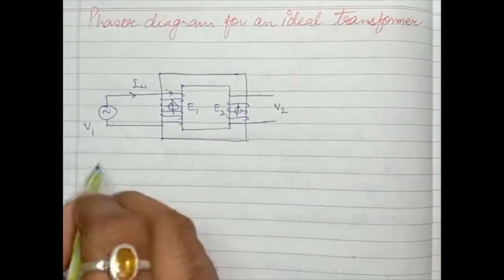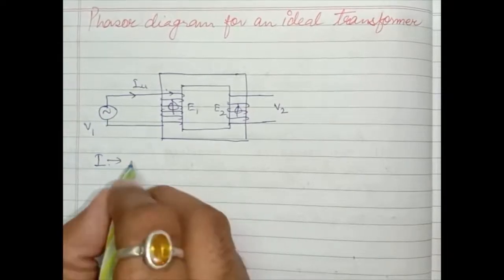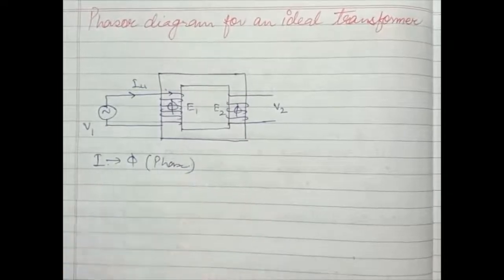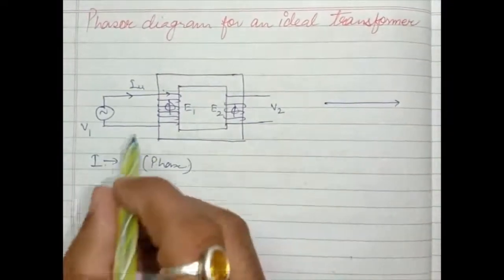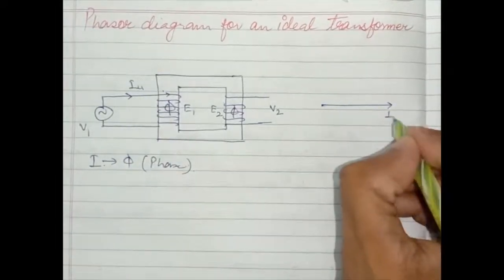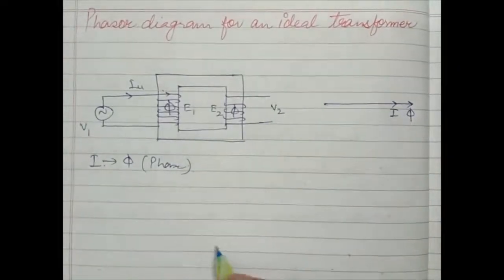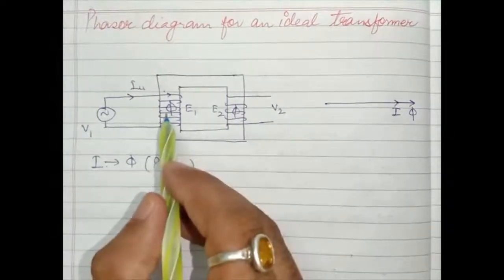Now I and phi both are in the same phase, so we are considering I on the x-axis. This is I and this is phi, both in the same phase. Now the relation between I and V1: it is an inductor circuit.